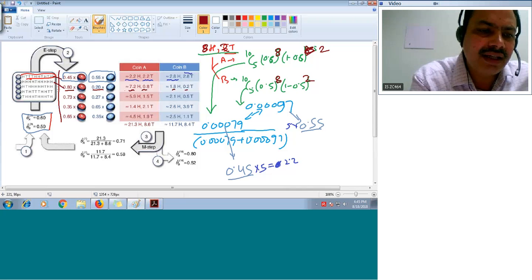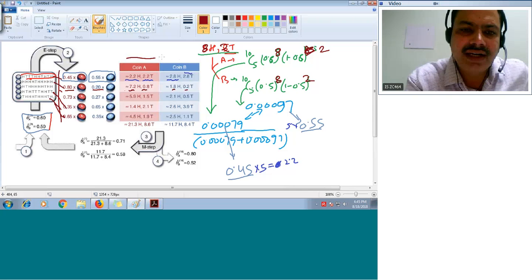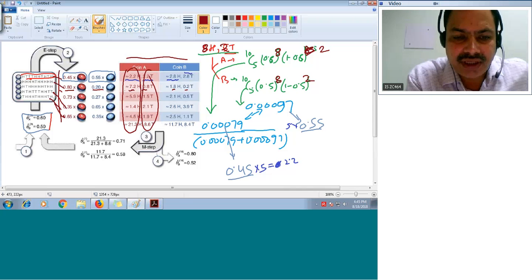for all the trials, and by this you assign the probability that this particular trial came from the first coin or the second coin. By this you find the weights, and then you find the weighted summation of heads and the weighted summation of tails. You see that the weighted summation of heads is 21.3 and of tails 8.6.